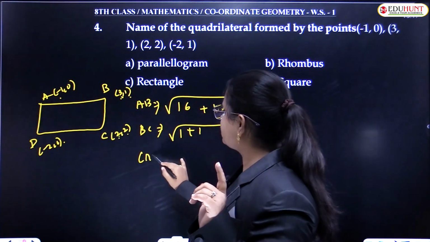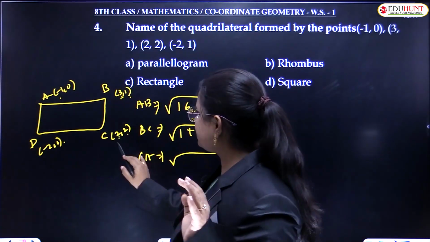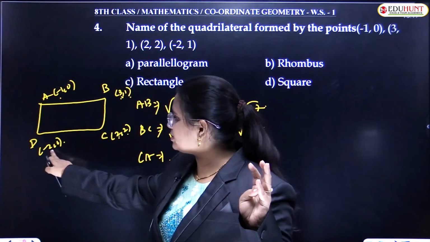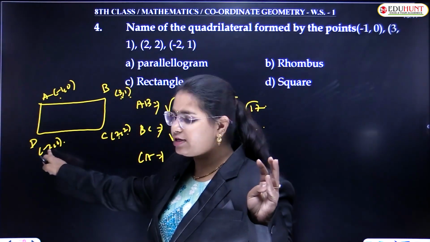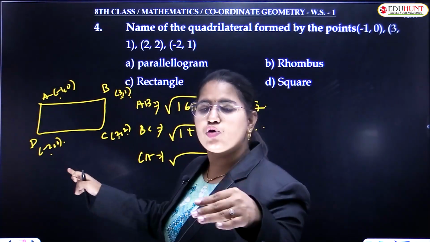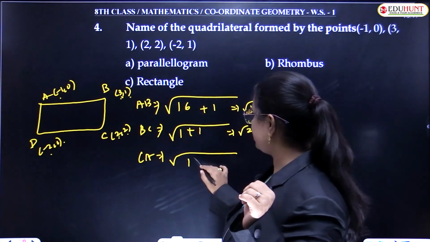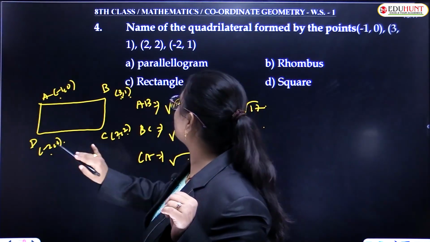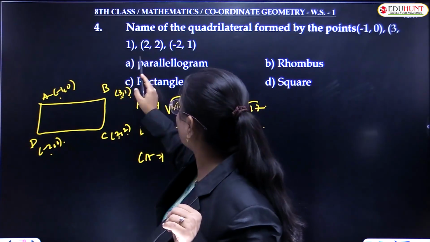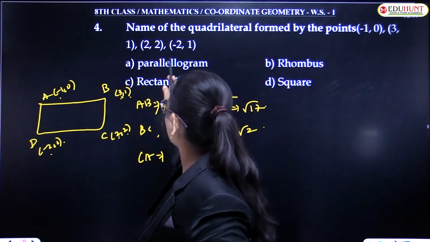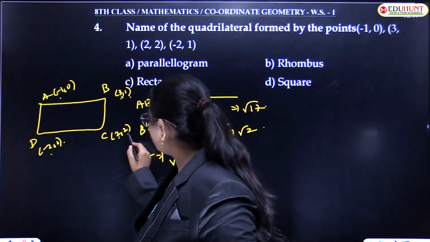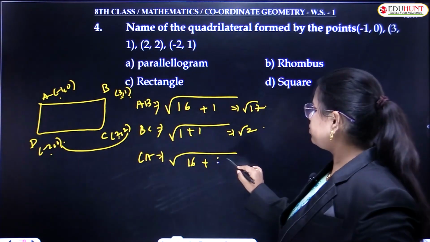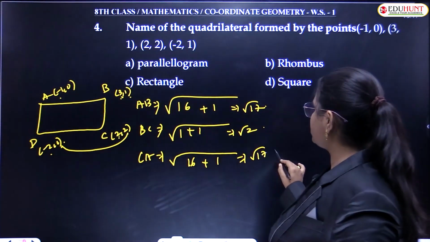Now calculate the distance of CA. So what is CA? 2 minus of minus 2, x2 minus x1. 2 minus of minus 2 is 2 plus 2, 4. 4 square is how much? 16. Next, 2 minus 1, the third point 2 comma 2 and last point is minus 2 comma 1. 2 minus 1 whole square is 1 square, which is 1, so you got root 17.